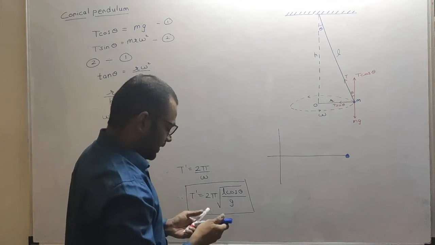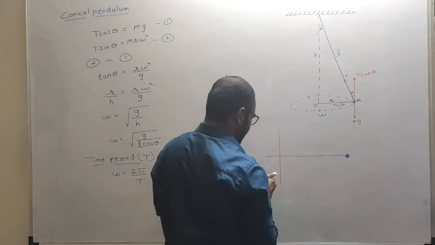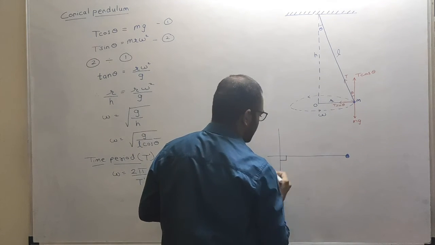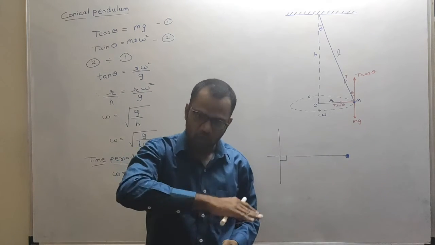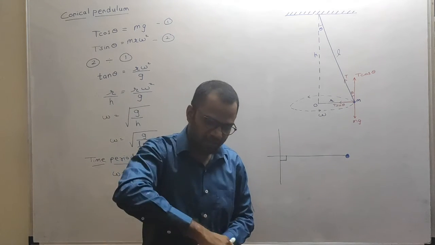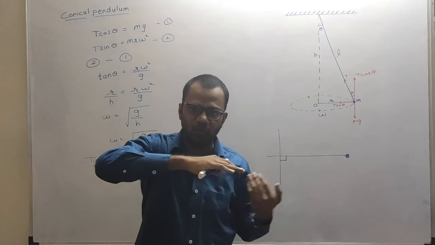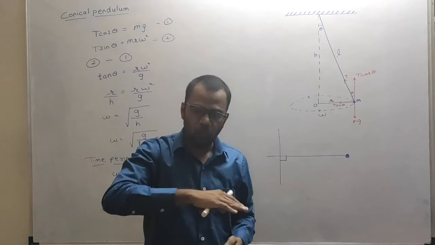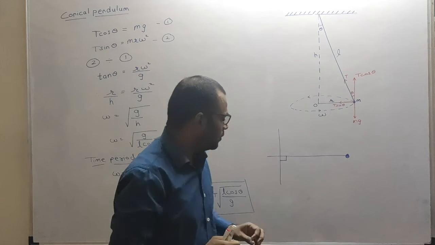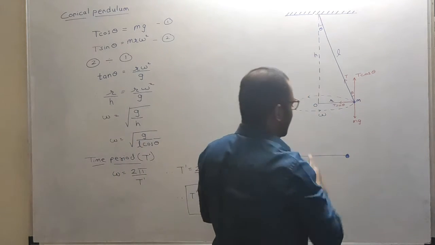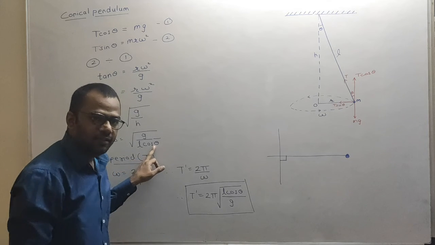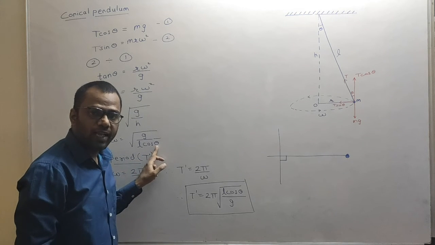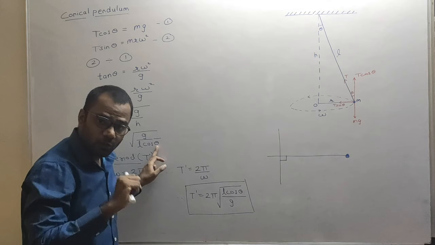Now, is this possible? Can this angle be equal to 90 degree? Because as we have seen, if I go on increasing the speed, the angle goes on increasing, or vice versa. If the angle goes on increasing, that means the speed of the bob is also increasing. More the angle, more the speed. But can this angle be equal to 90 degree? Now look here. If I put theta as 90 degree, cos of 90 is 0.